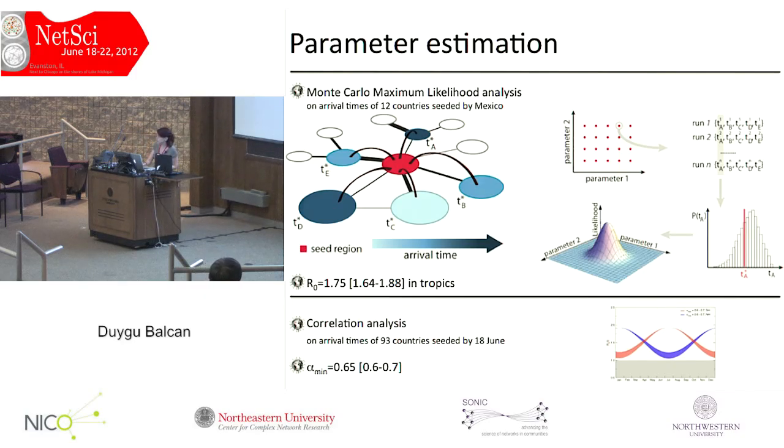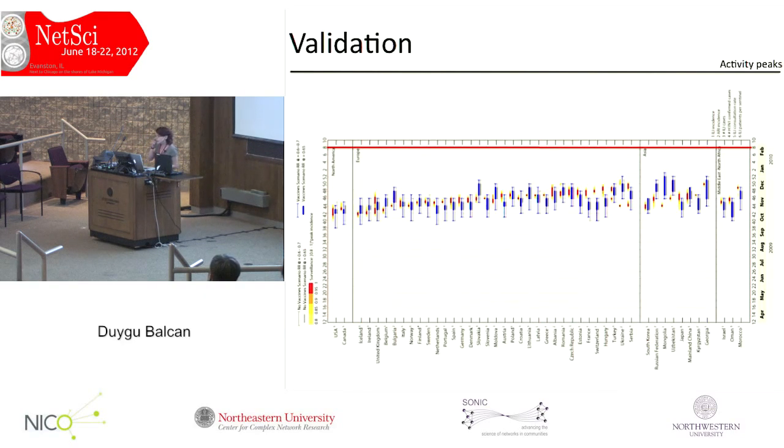I will just show those results, where here, with the blue bars, you see the timing of the peak of the epidemic activity, which is given by the number of newly infected individuals at a given time.